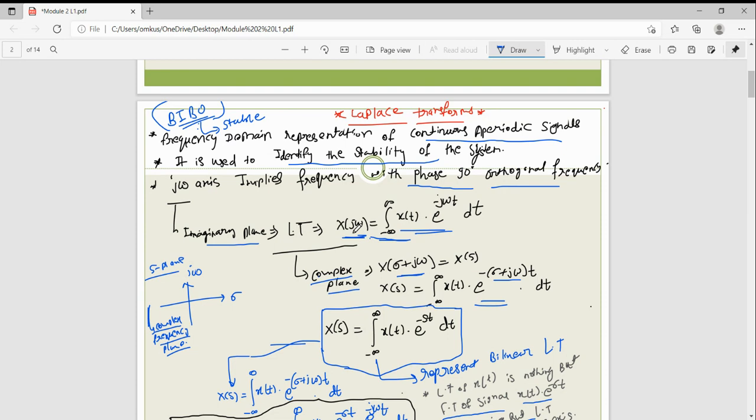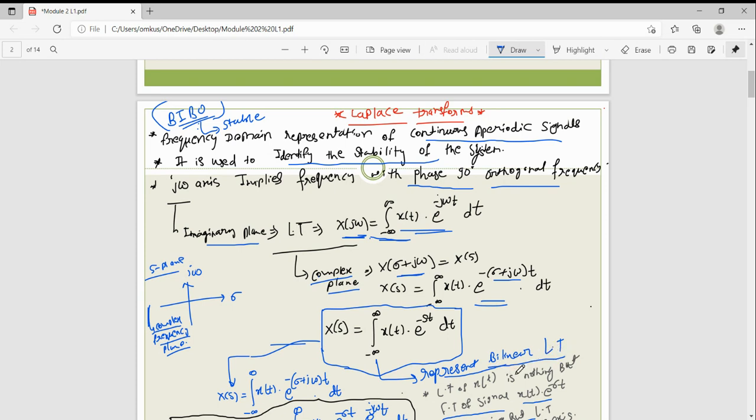The Laplace transform X of j omega is the integral from minus infinity to infinity of x of t e to the power of minus j omega t dt. This function, with limits minus infinity to infinity, is nothing but the bilateral Laplace transform, right?